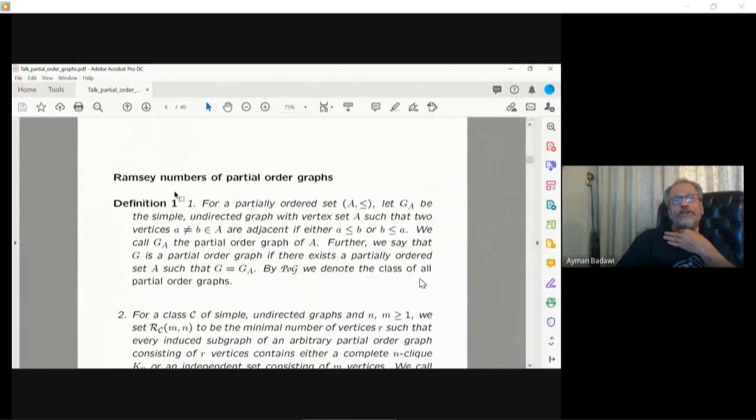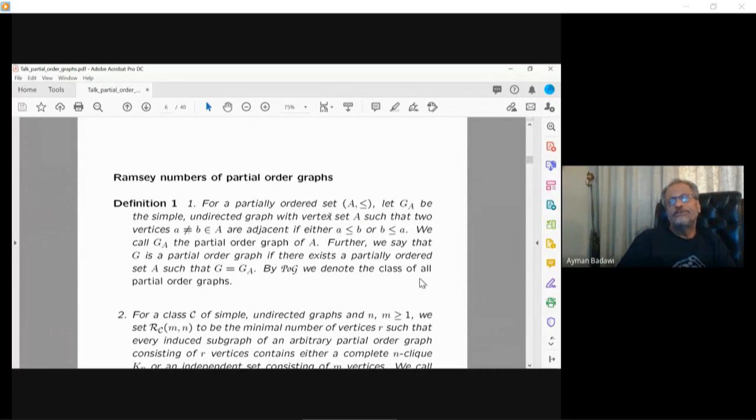Okay, so here is the Ramsey number of a partial order graph. As I told you, you have an ordered set and you have this simple undirected graph such that two vertices are adjacent if either A less or equal to B or B less or equal to A. So you have a partially ordered set, and then you define how you connect the vertices.